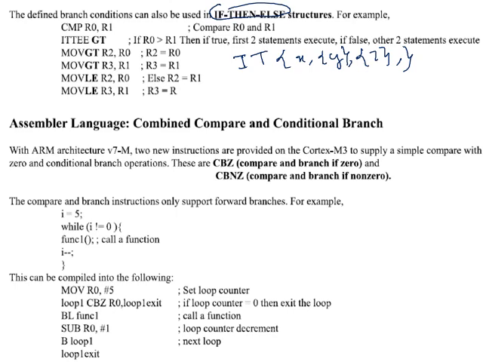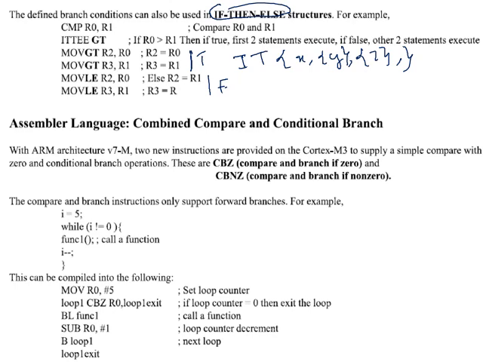It is comparing R0 and R1. If R0 is greater than R1, if this condition is met, the first two statements will be executed if it is true. If it is false, the next two statements will be executed. Why two lines and why the next two lines? Because the instruction architecture itself is like that.